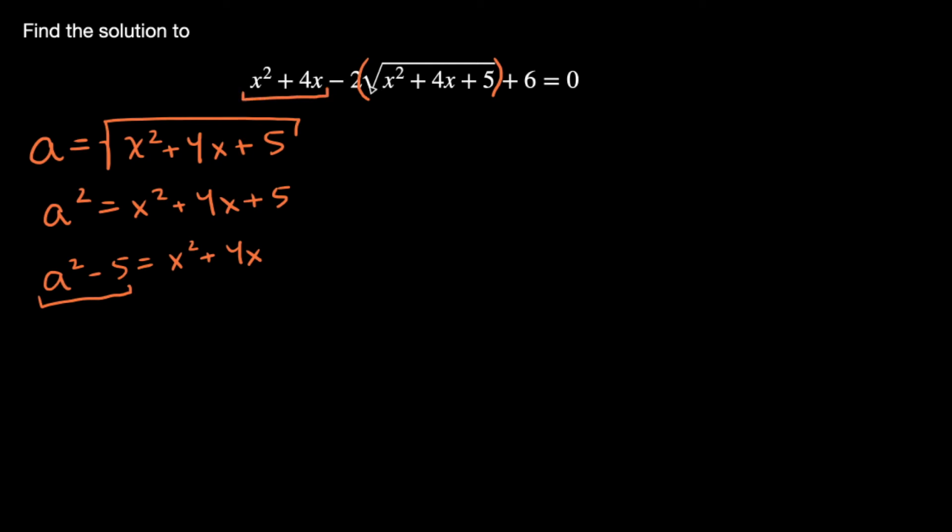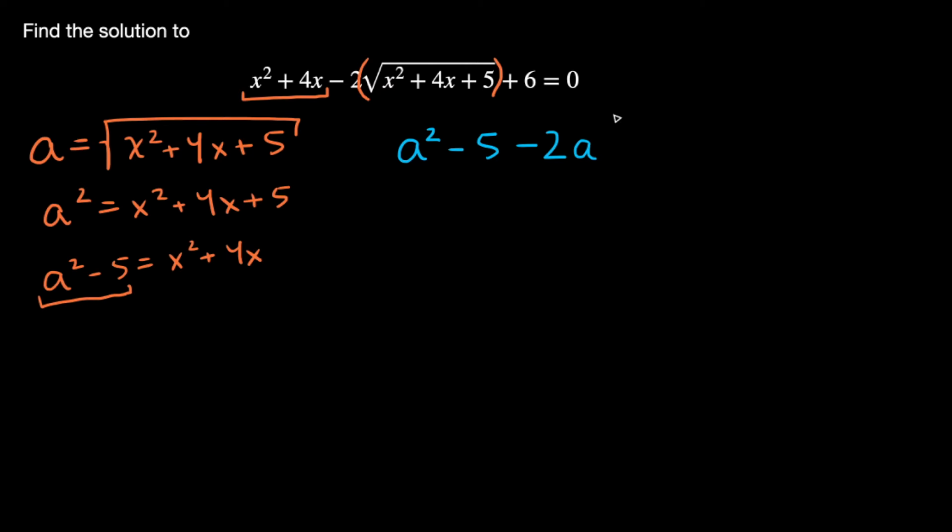Also, since our square root expression was originally defined to be a, we can also substitute a over there. So let's see what happens when we do that. A squared minus 5, and then we also want to substitute a for this square root expression, so we get minus 2a.